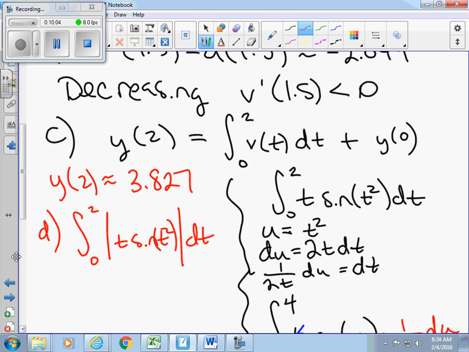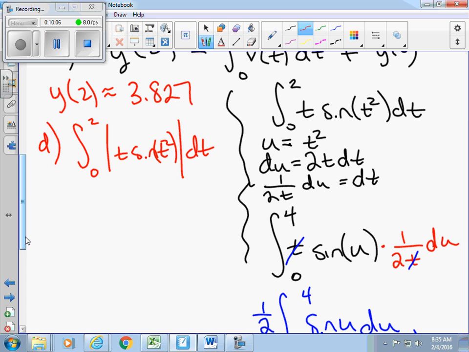And you can type that in the calculator. If you were going to do that problem by hand, you would have to find when sine of t squared equaled 0, and you'd have to integrate from there to there, and so you'd have to break it up. Again, this is a calculator problem, so we're going to type it in the calculator.